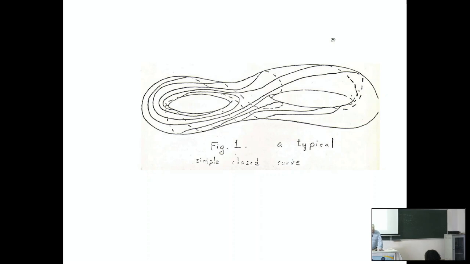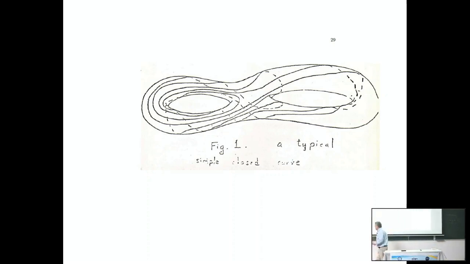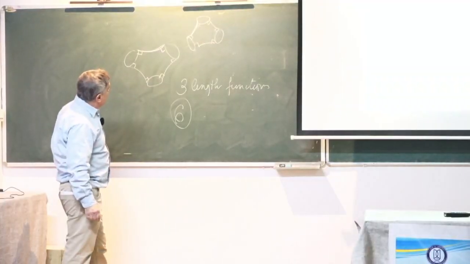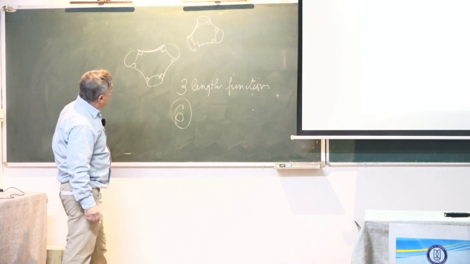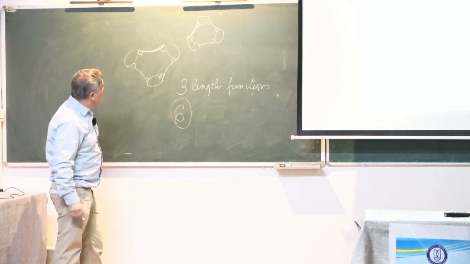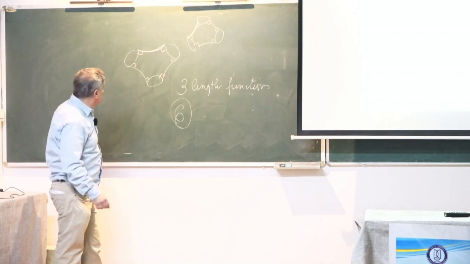Now the next question is about the growth rates of the other curves. So here, for instance, when you glue these two pairs of pants to have a closed surface of genus 2. Now I want to draw the other simple closed curves on this surface.